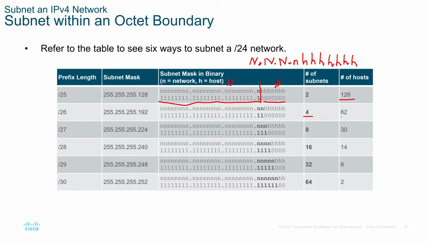Each one could have 62. So you can see, as I borrow bits, the number of subnets increases, while the number of hosts per subnet decreases. So the subnets go up as I borrow more, the hosts go down.